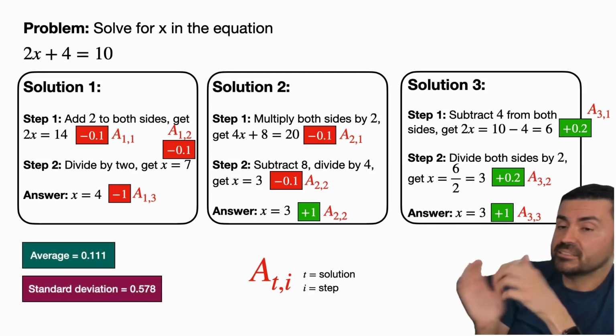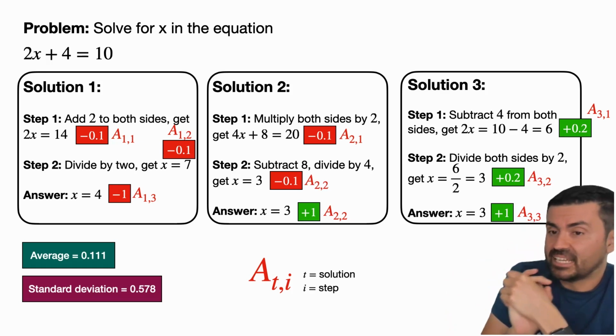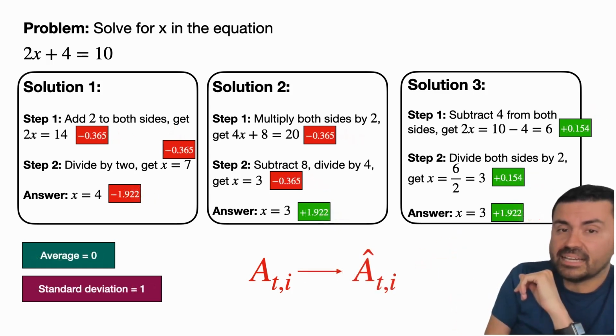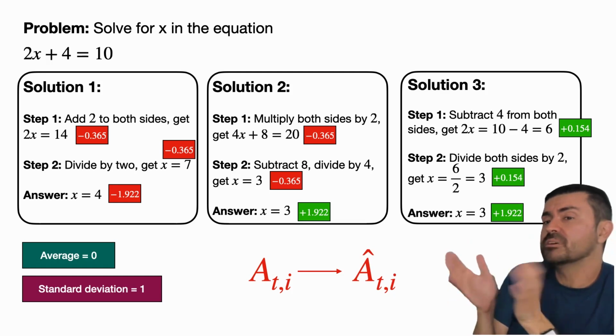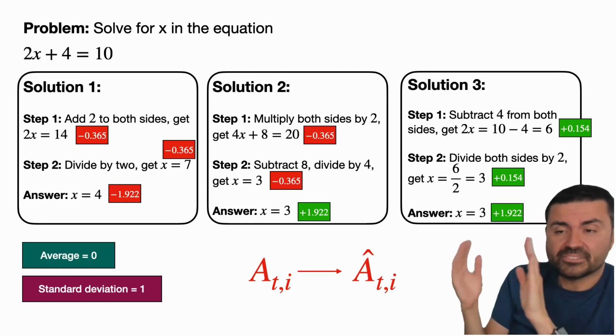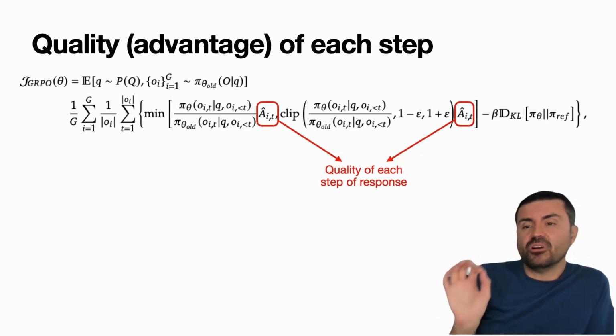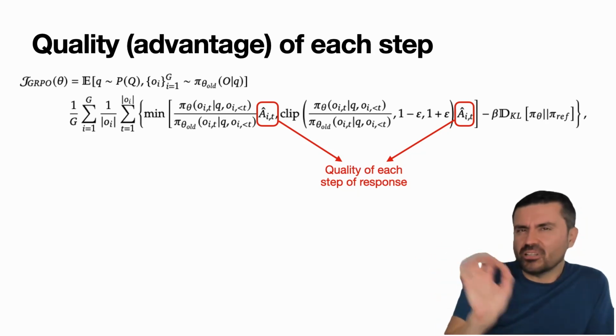And when you take the standard deviation, we get 0.578. So if I subtract the average and divide by the standard deviation, we get this A_TI hat, and the numbers are over here. They didn't change so much, but we know that they're centered and that they have standard deviation 1, which is a good thing. So that takes care of that A, which is the quality. It's also called the advantage, and sometimes today I'll call it the advantage.